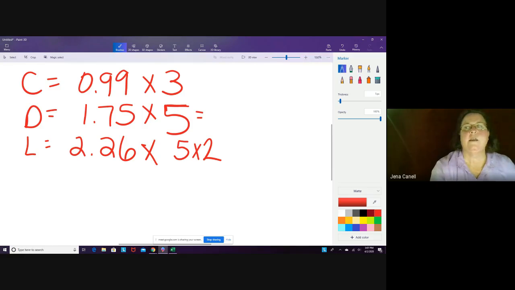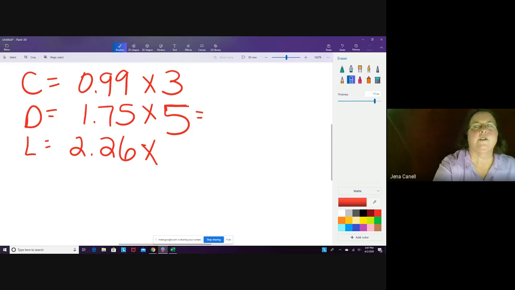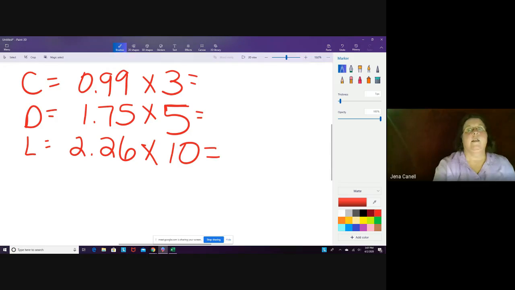That's twice as many. 5 times 2 equals 10. So I'm going to change this to be 10. Again, you can rewind this and see it again if you need to. Now you need to figure out all of your totals and add them together, because it says how much would an arrangement cost with all of these types of flowers.